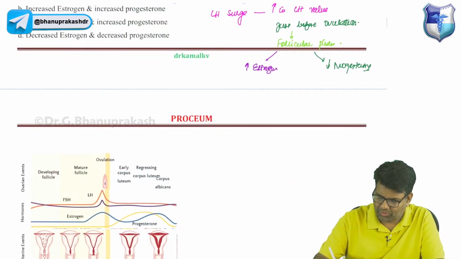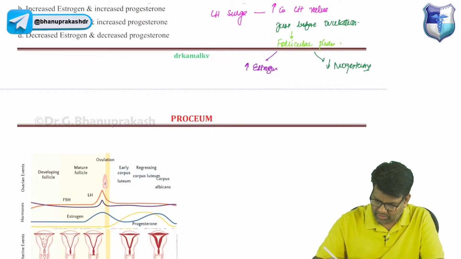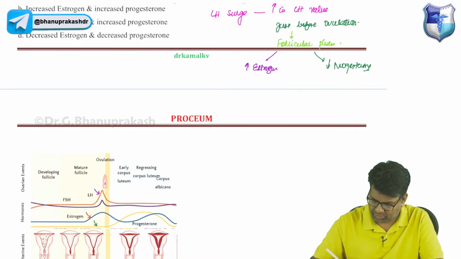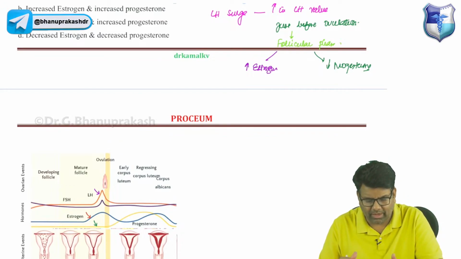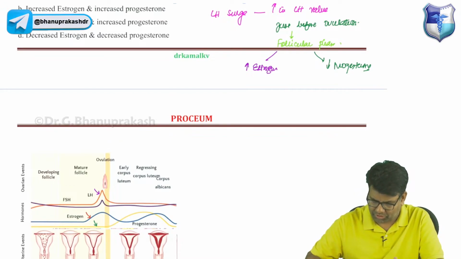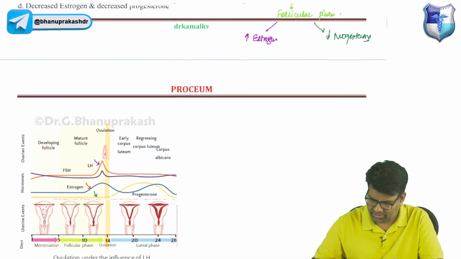If I show you with a diagram, you can see here, this is the LH surge, and you can see raised estrogen, and you can see low levels of progesterone. So LH surge is associated with raised levels of estrogen, while progesterone levels are usually low. So this is LH surge.